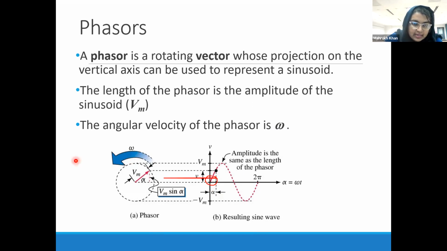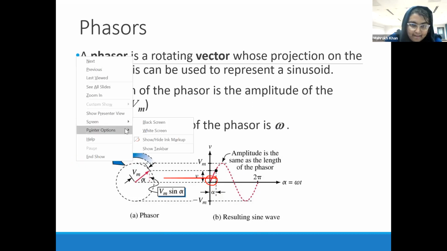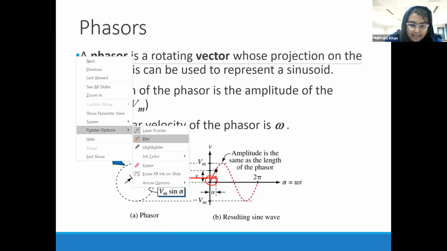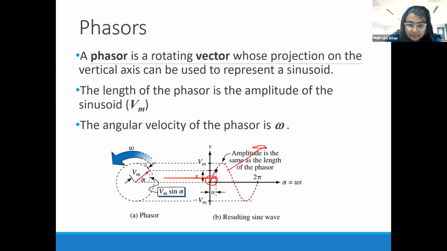So what I'm saying is, this can be represented as Vm sine omega t. This is a sine signal.